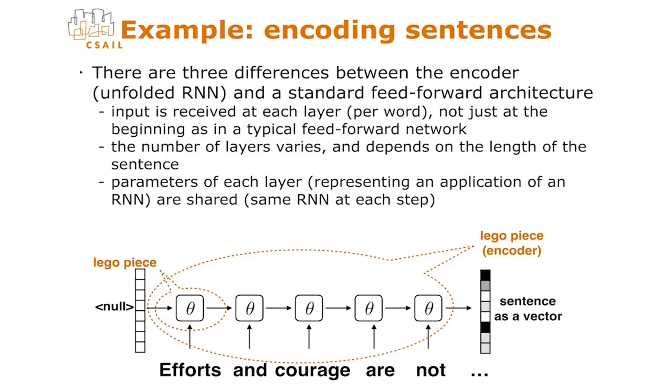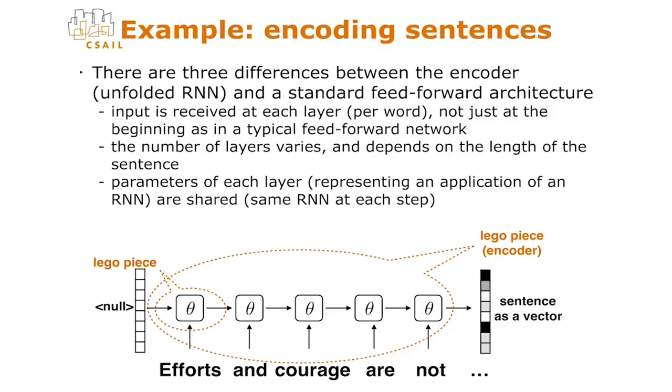The new input is the word that we are adding. The second difference is that now the number of layers in our neural network changes based on the sequence. Sentences vary in length. As a result, as we unfold this transformation along the sentence, we are effectively creating a feed-forward neural network that has a varying number of layers.